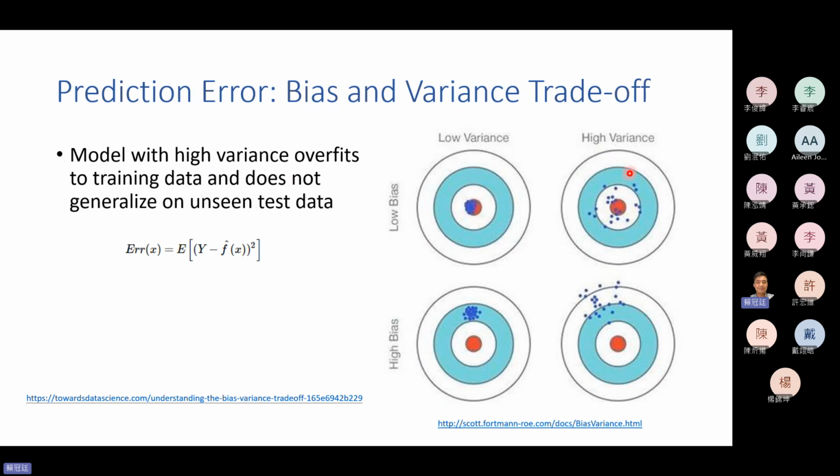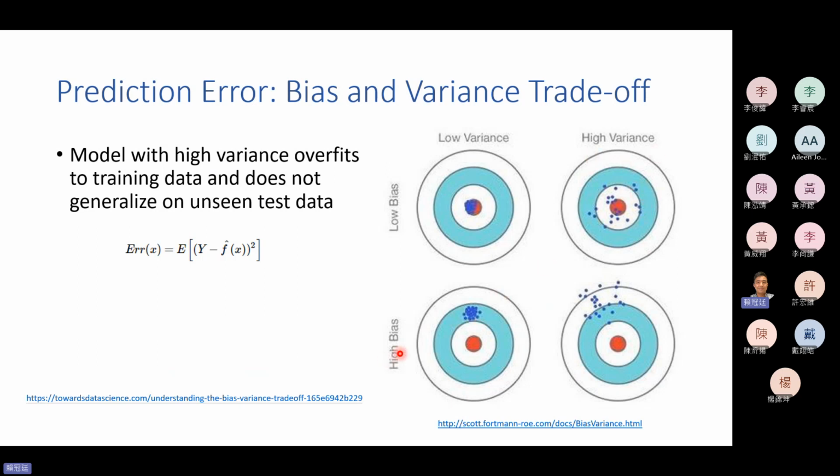However, if you have high variance but low bias, then the mean is still very accurate in the center of the target, but it will be more dispersed, separated around the center. So high variance.